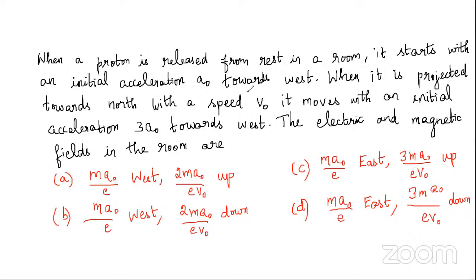In the first case, the proton is initially at rest and it is just released, so it starts with an acceleration a naught towards west. But in the second case, you are projecting the proton towards north with a speed v naught. In that case, it moves with an initial acceleration 3 a naught towards west. The electric and magnetic fields in the room are.